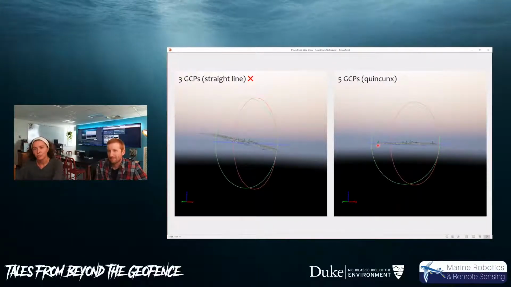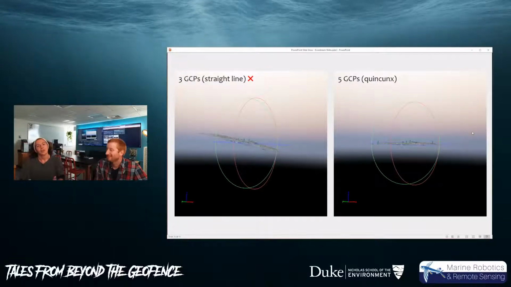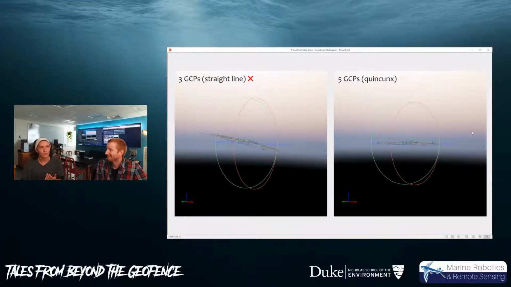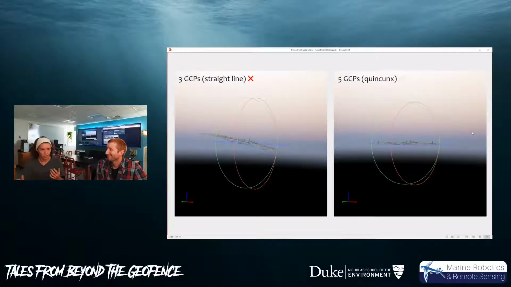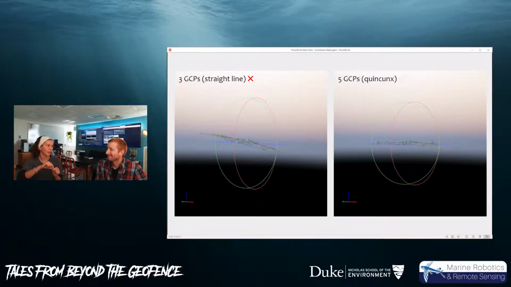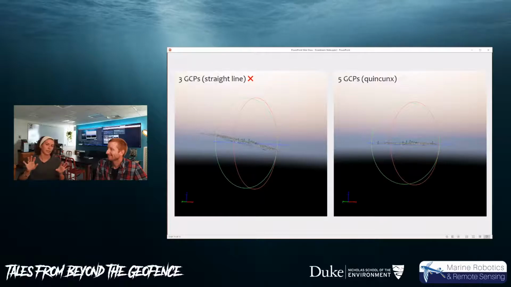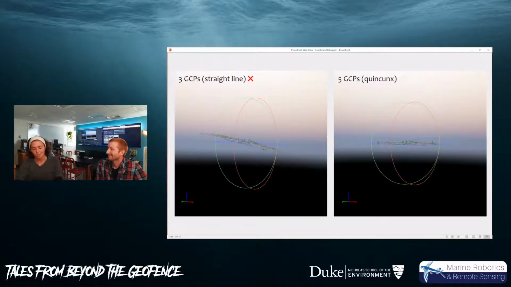So yeah, like Justin said, it was in part just the nature of this site, only having a boardwalk through this kind of inaccessible terrain.